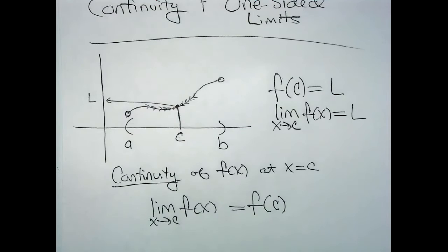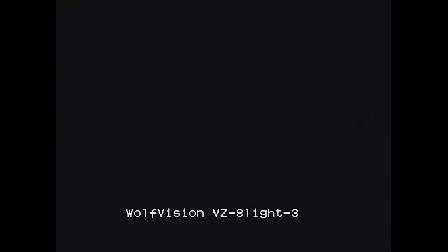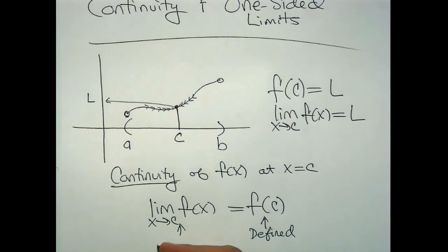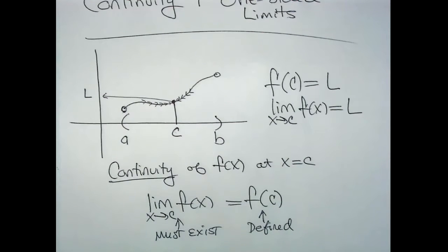Now, there's more to that when we're talking about continuity. f of c must be defined, the limit must exist, and the limit must match. So let's actually qualify that statement. So this must be defined, the limit must exist, and they must be equal to each other.